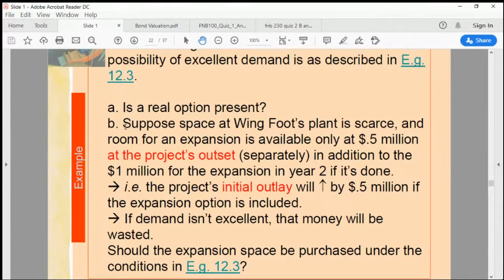And the second, part B, is suppose if, and I'm telling you straightforward, just like in the last class, yes, the real option is present, because it has to do with the option of acquiring more space and acquiring more equipment.